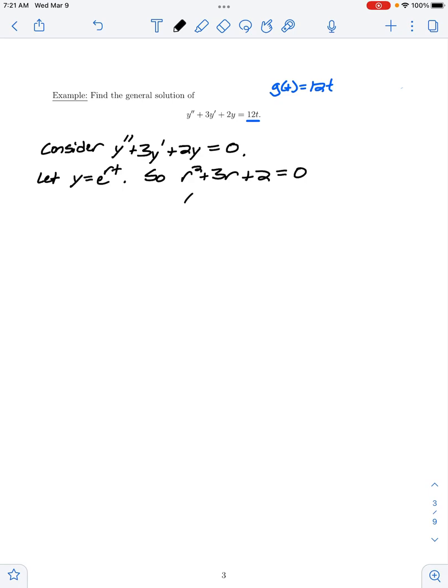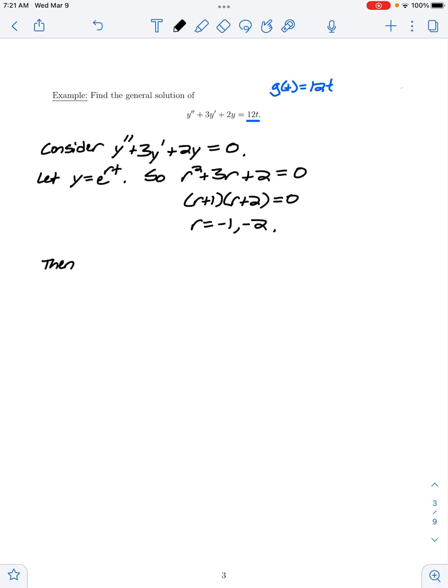This can be factored as r plus 1 times r plus 2 equals 0, which means that r could be either -1 or -2. We're working with the case of distinct real roots for our characteristic equation.